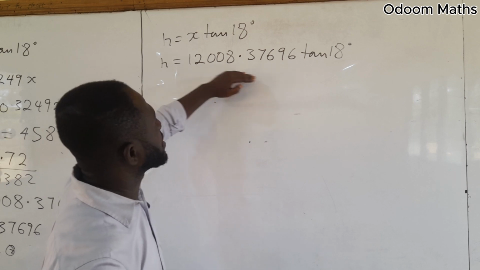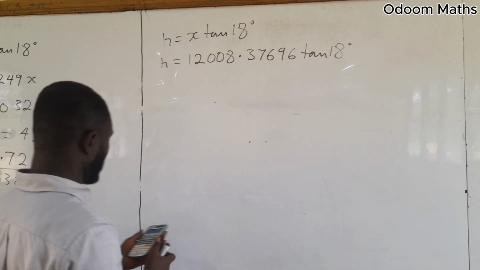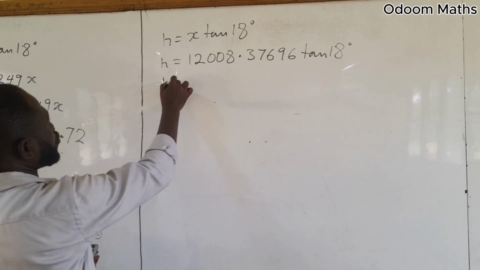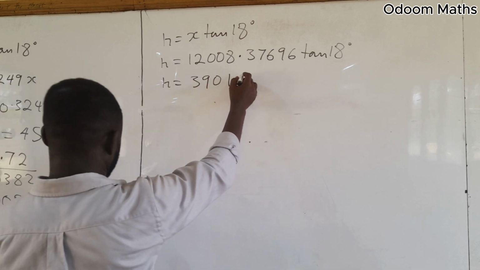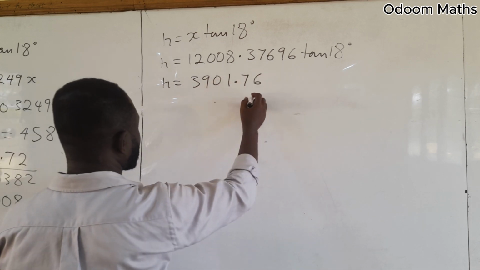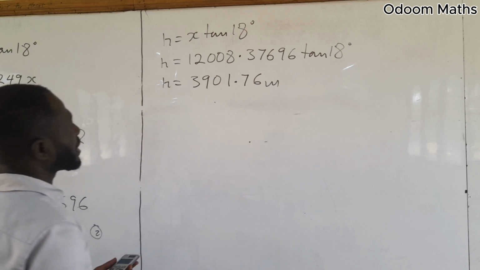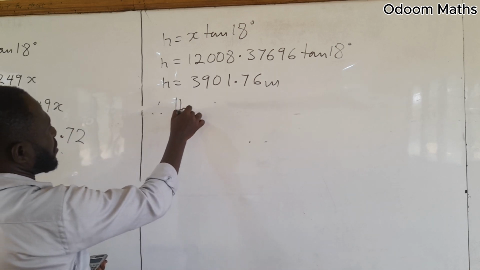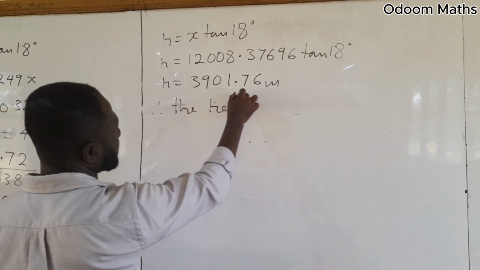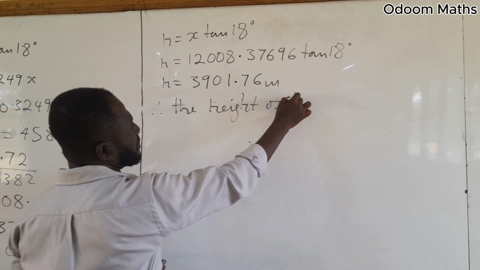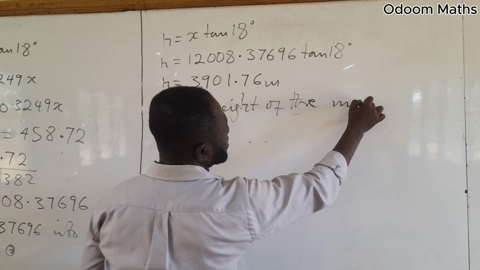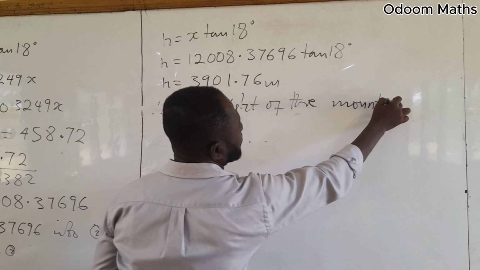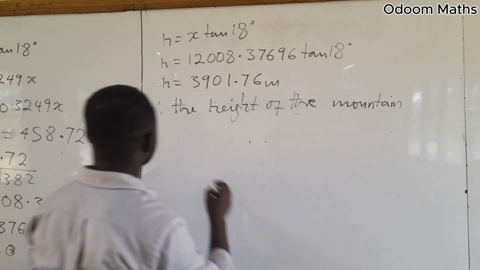So we substitute this with tan 18, and that is going to give us h to be 3,901.76 meters. So we can say that therefore the height of the mountain is 3,901.76 meters.